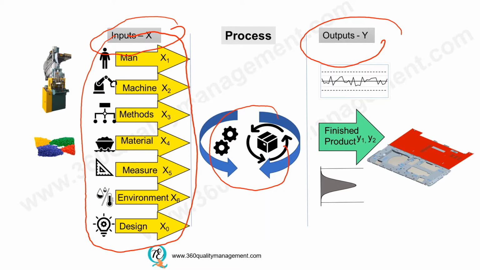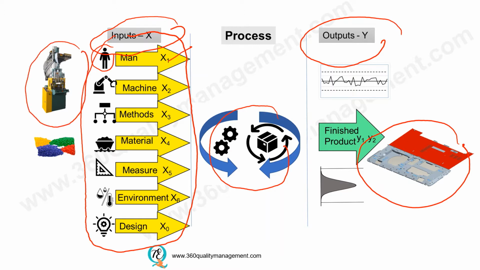In the case of a mechanical chassis of a laptop part, the key process input will be man, which is the operator that makes the product. The basic item is that we need to ensure that they are adequately trained or certified to build the product. The machine will be the molding machine that is used for material transformation, which should be well maintained.